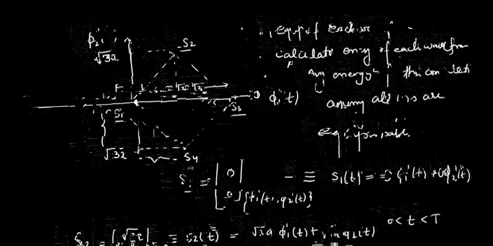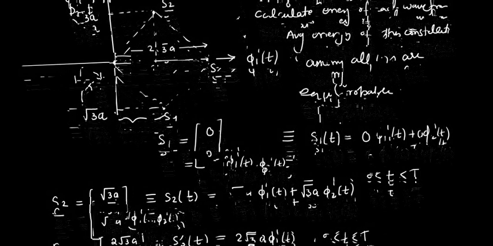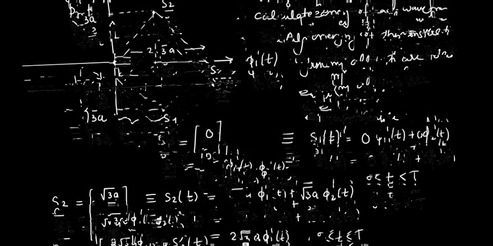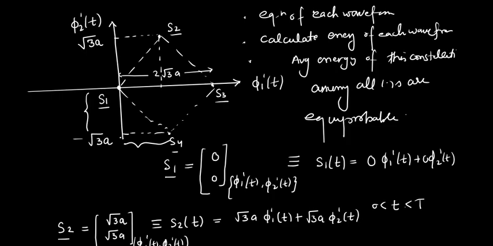Okay, so the next question is to calculate the energy of each waveform. I have already told you that if this is a constellation diagram, energy of S1 will be the square of this norm. Energy of S1 will be the vector norm of S1 squared, and this vector norm is its distance from origin, so therefore it is 0.